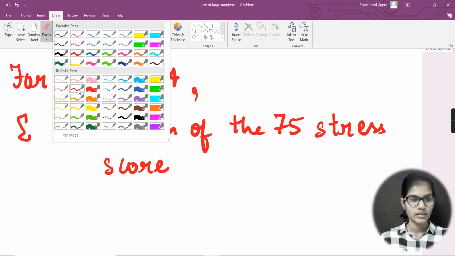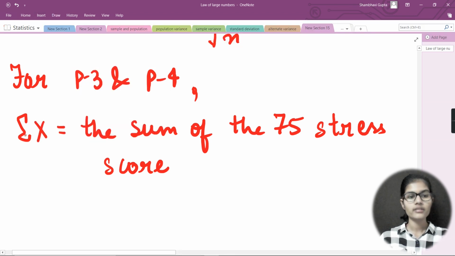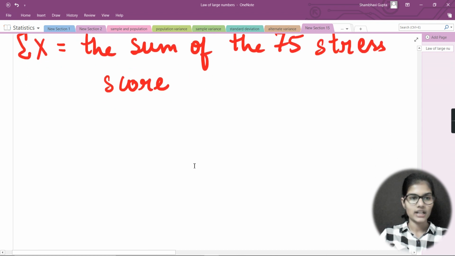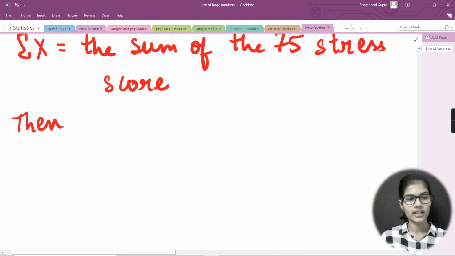So here sigma x is equal to the sum of the 75 stress scores, right? In this I have just written it in alphabetical format. If I need to denote it using symbols, I would write sigma and then x, right?